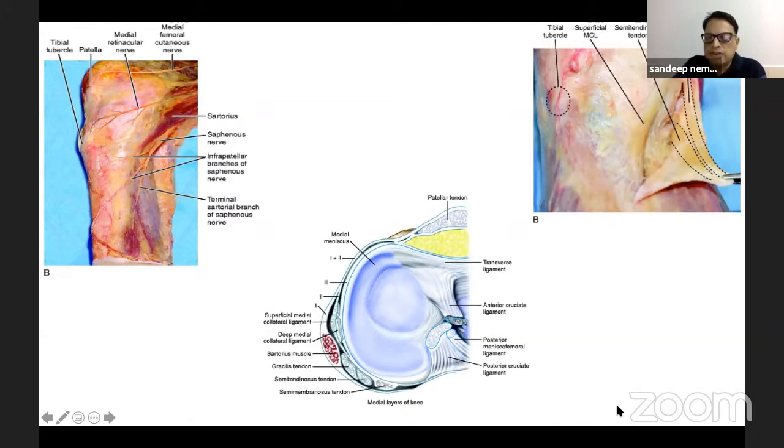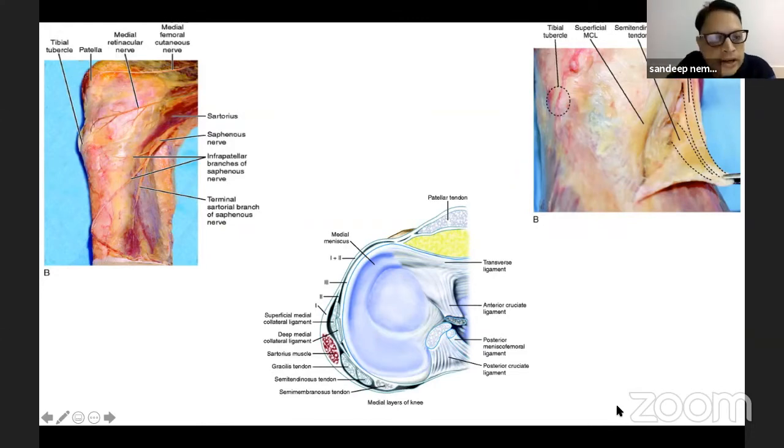If you understand the 3 layers of the semimembranosus fascia, you won't have any problems in harvesting this graft. The second thing is that this graft may have up to 8 connections or accessory semitendinosus bands, which may lead to premature amputation of this graft. That is the second issue which you need to know.